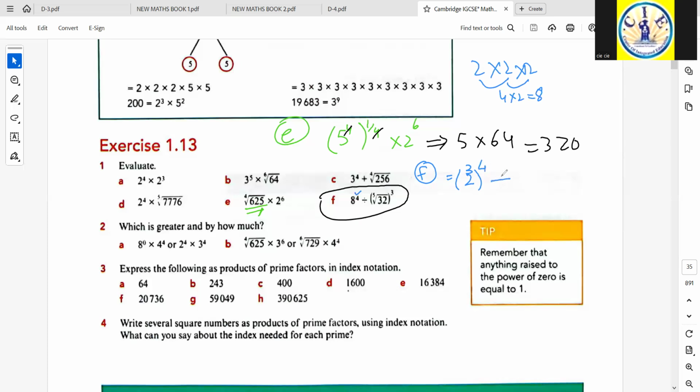Power 4 divided by 32. I need to see to have the same basis. 32 can be written as 2 raised to the power 5. Then its fifth root means raised to the power 1 by 5. And then its whole power is 3 as well. So now 2 has got two powers.